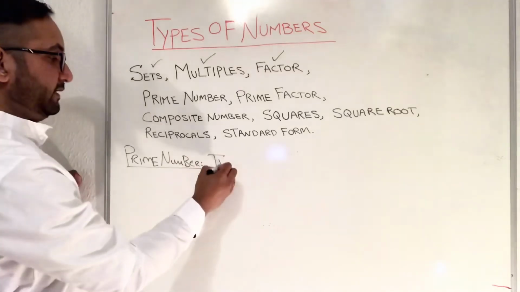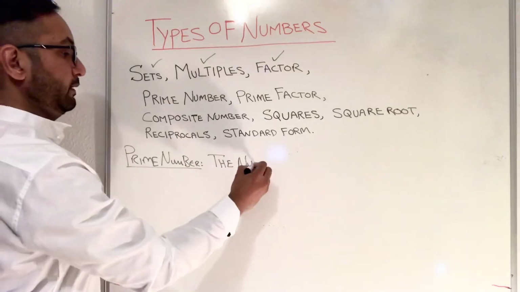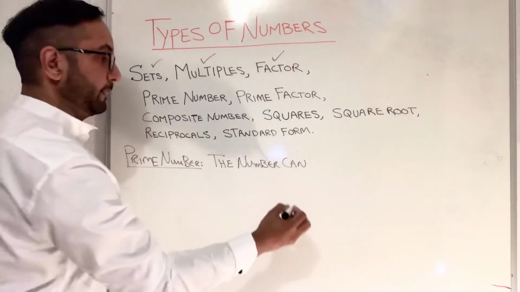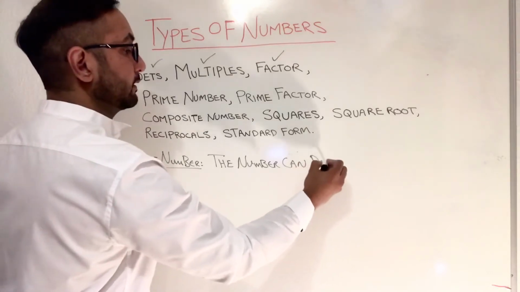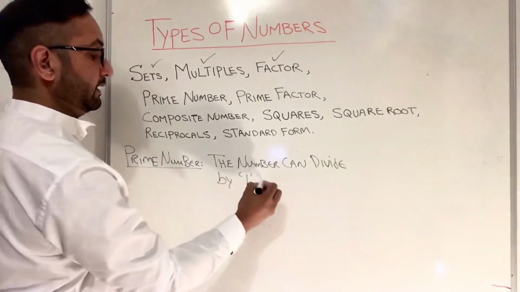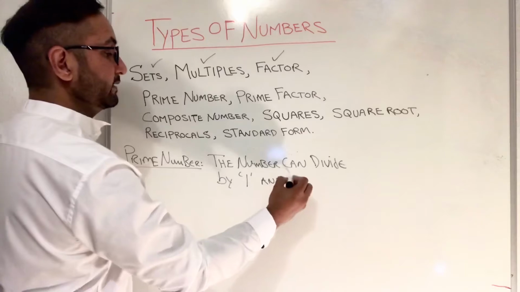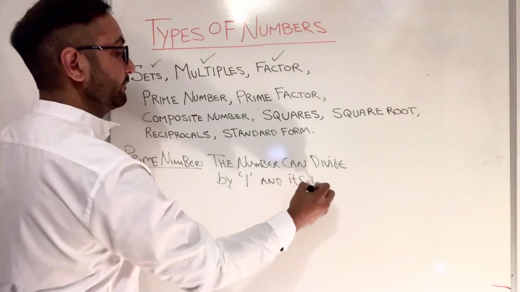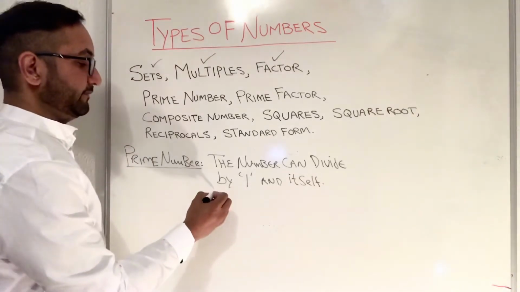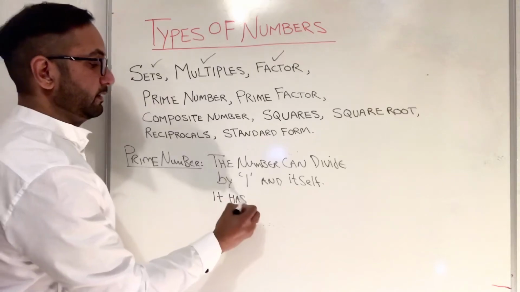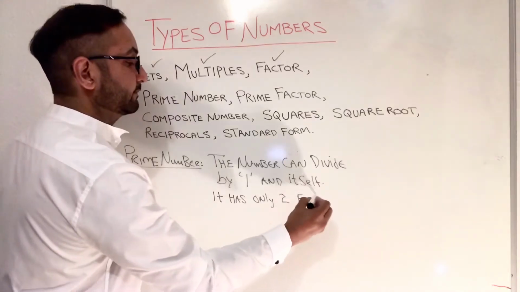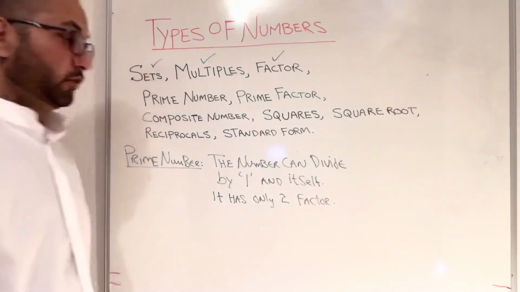The number can be divided by 1 and itself, and you can say that it has only 2 factors, no more than 2 factors.